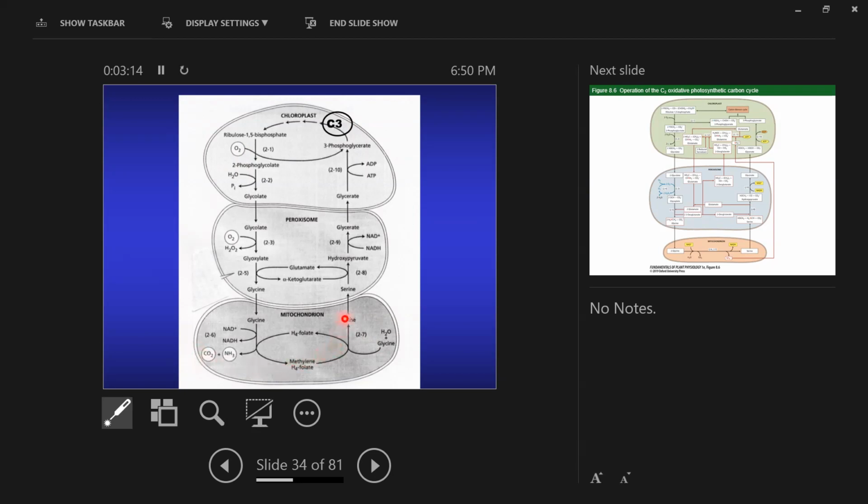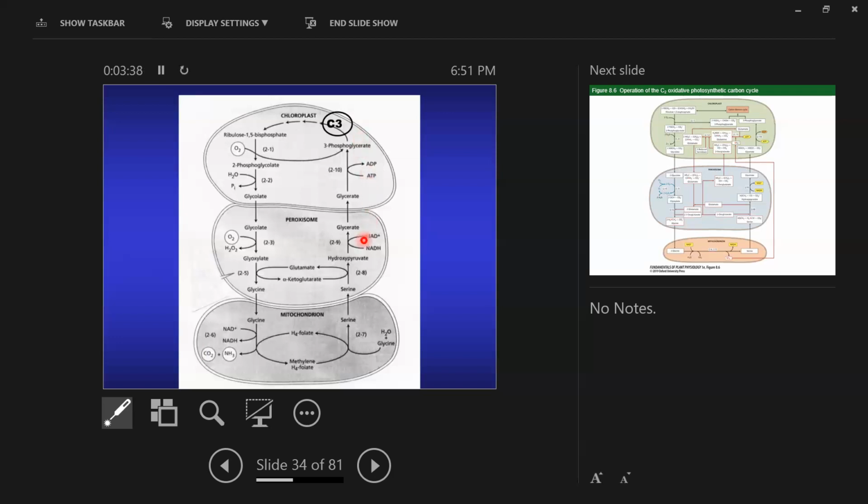So then serine leaves the mitochondria, finds the peroxisome, gets converted to glycerate. So now we're close. So now if we can get that glycerate back to the chloroplast, expend some energy, use some ATP, then you finally get one more PGA molecule that can get fed into the C3 cycle.